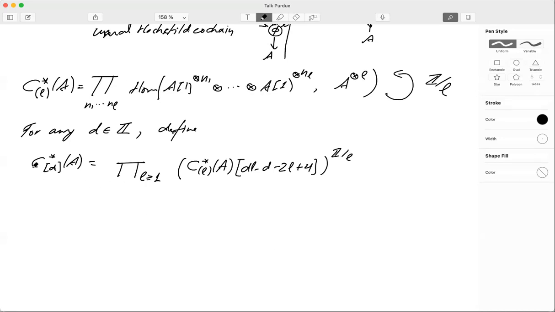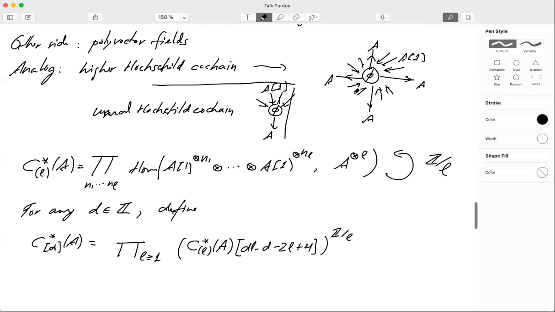Right, so what is an element of this thing? It is a choice of a bunch of maps like this for any number of outgoing things.